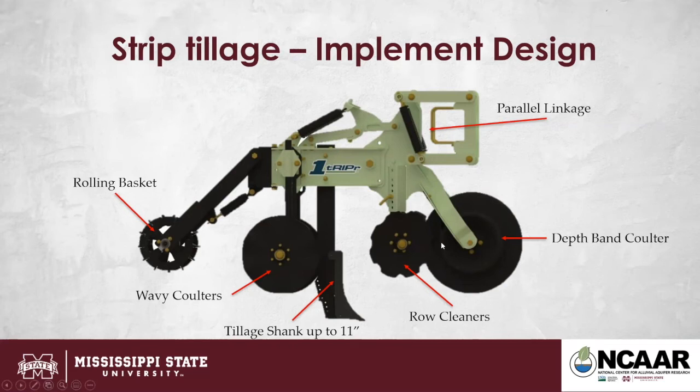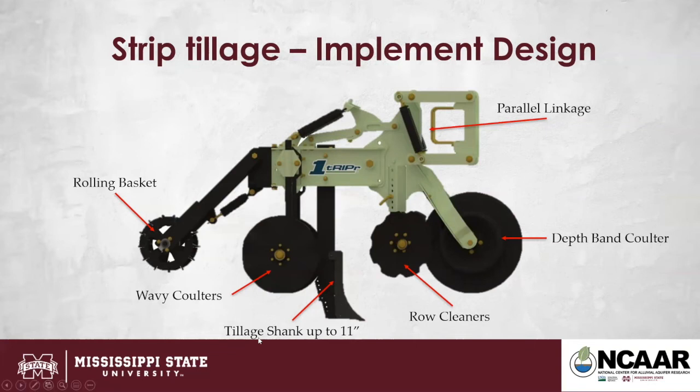Further, for those who don't know what a strip tillage implement looks like, this is an image of one of the row units for strip till. It has a parallel linkage, a depth band coulter, and row cleaners to clean and remove trash in front of the rows, especially from the seedbeds.